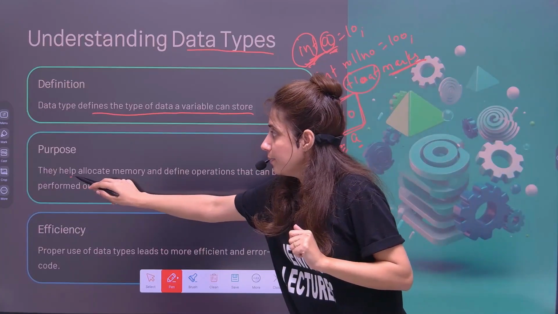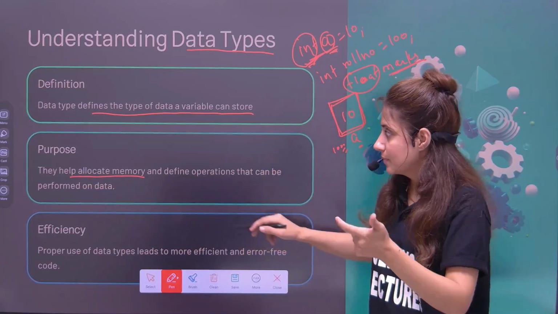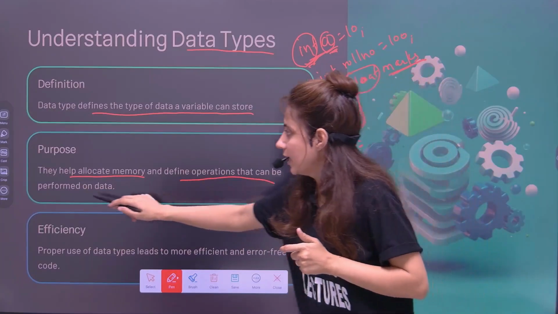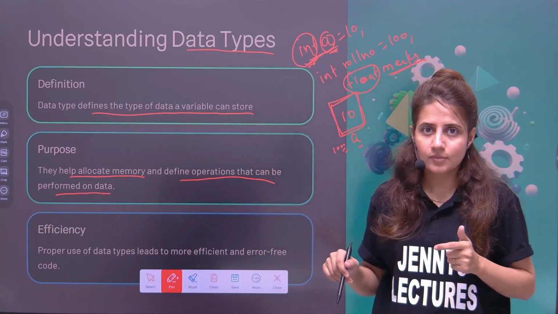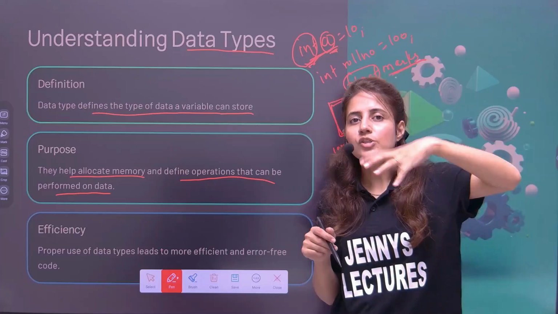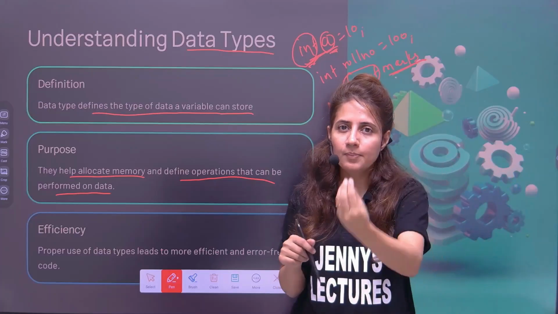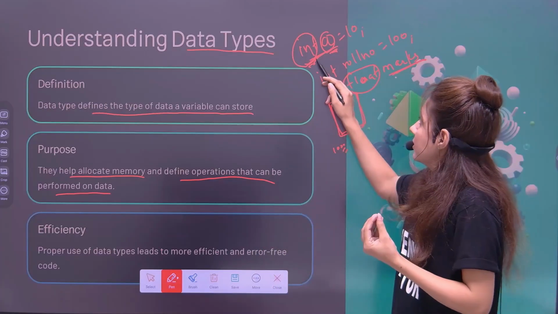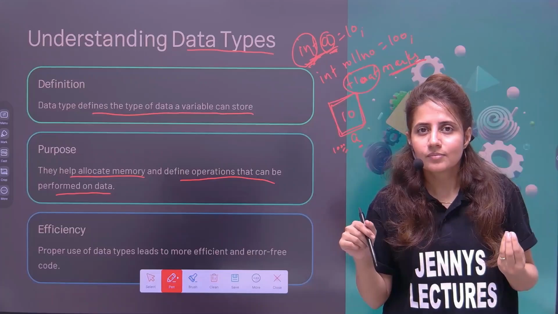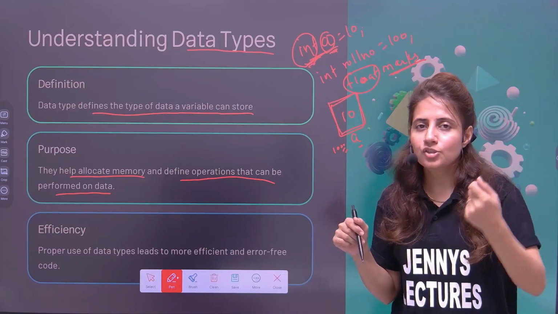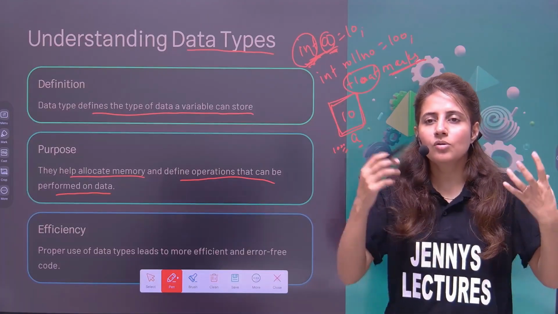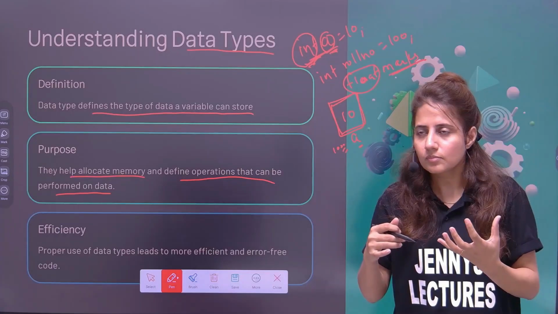So they also help allocate memory and define operations that can be performed on the data, like concatenation, addition, subtraction, division, or which kind of operation we can perform on that particular data.